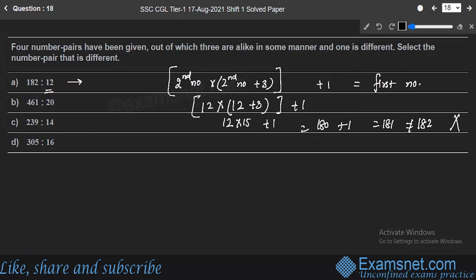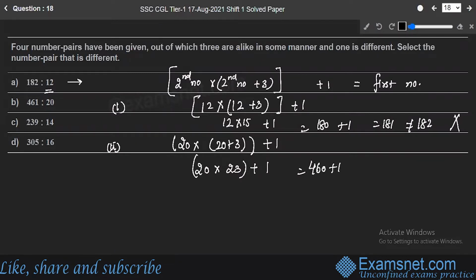So this is incorrect. We are moving to the second option, this one. So second number, that's 20 into 20 plus 3, if I'm adding a 1 to it. So 20 into 23 plus 1. This is equal to 460 plus 1, which is equal to 461.